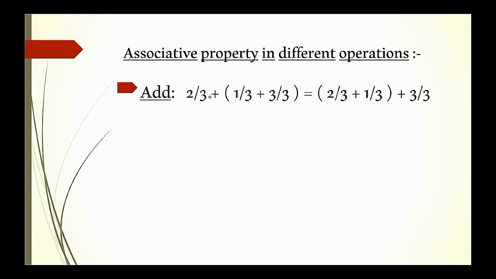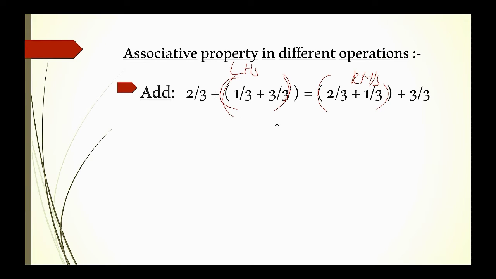Let us check in the four operations whether this property is satisfied or not. First, addition. When I add 2 by 3 plus 1 by 3 and 3 by 3, in LHS I am moving the bracket to the right side, and in RHS to the left side. Here the bracket is between 2 by 3 plus 1 by 3, and here the bracket is in 1 by 3 plus 3 by 3.